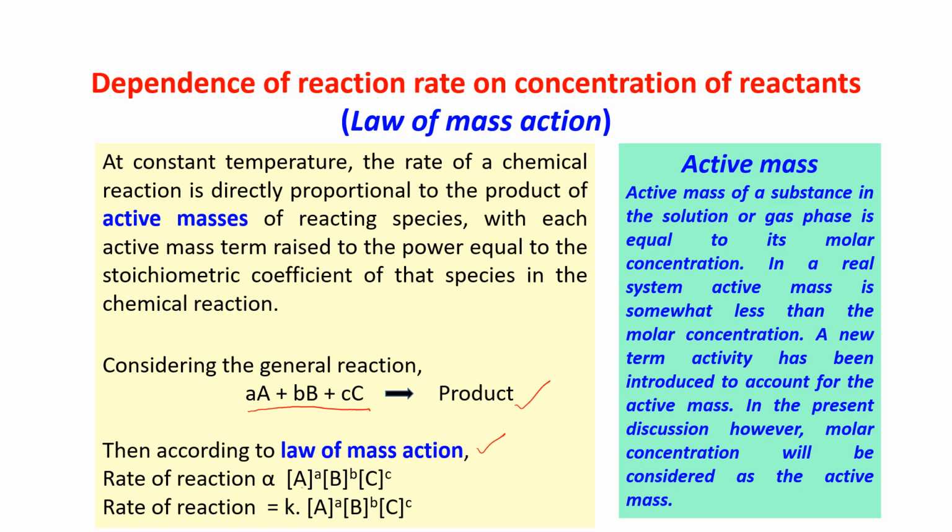A, B and C are kept in a box bracket. You know that if I write something in a box bracket, it means the concentration. To remove the proportionality sign, we introduce one K. So rate equals K [A]^a [B]^b [C]^c.